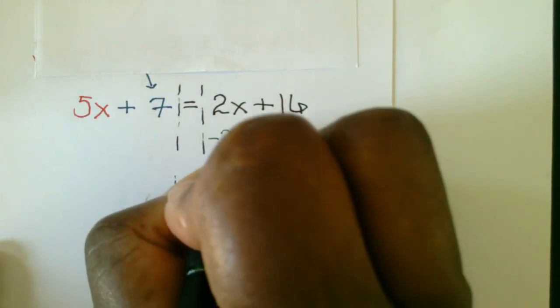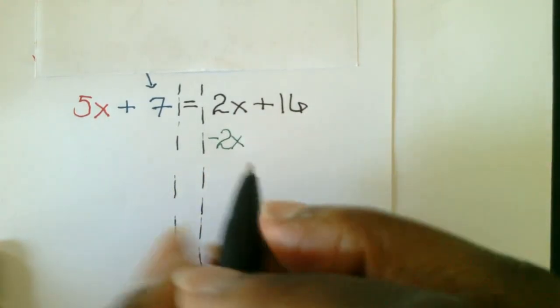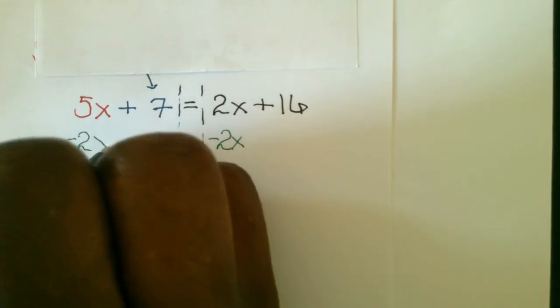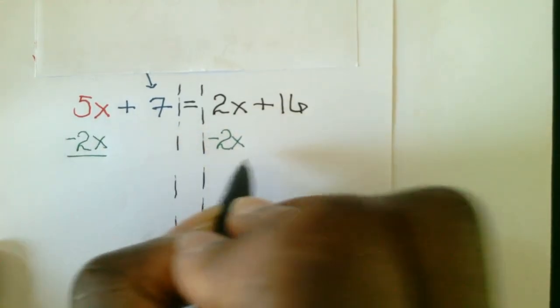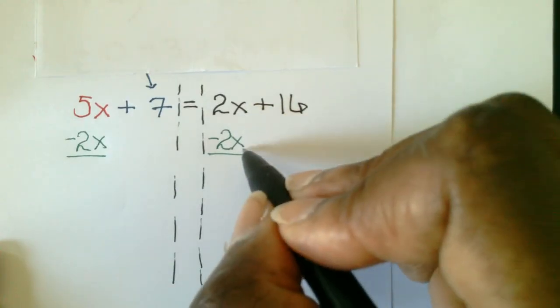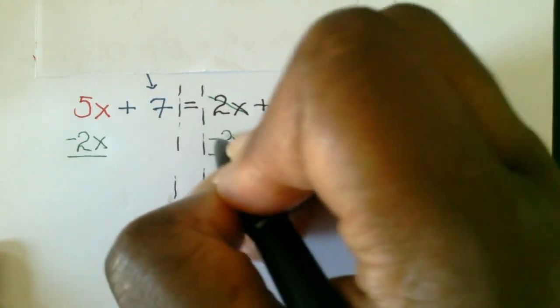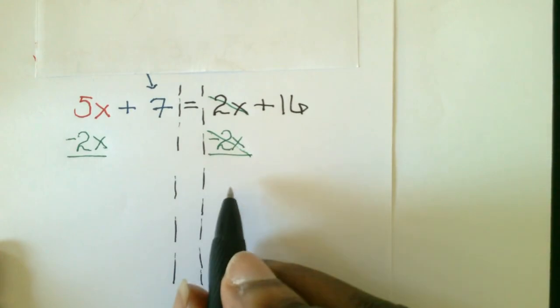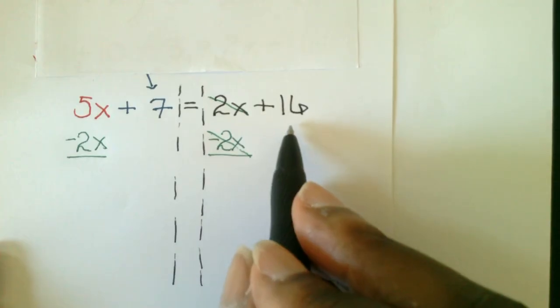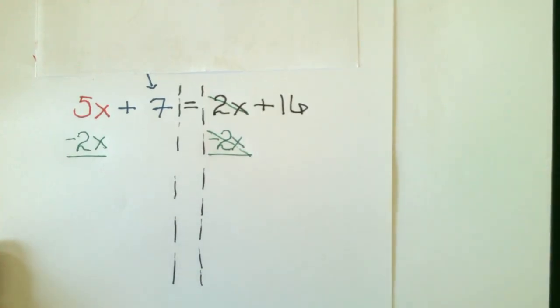We're going to subtract 2x. And whatever I do on one side, I do on the other. So 2x minus 2x gives me 0. And I don't need to write down the placeholder because I still have the 16 that needs to come down.